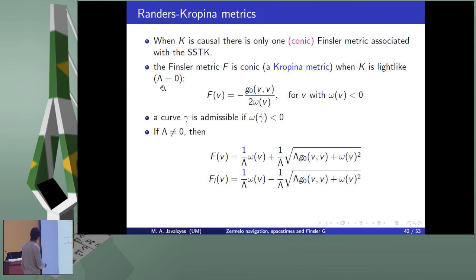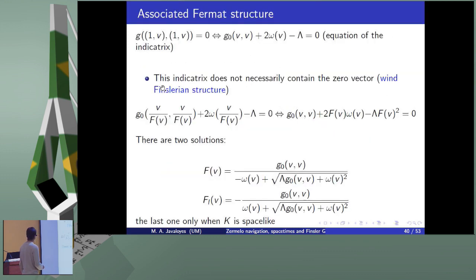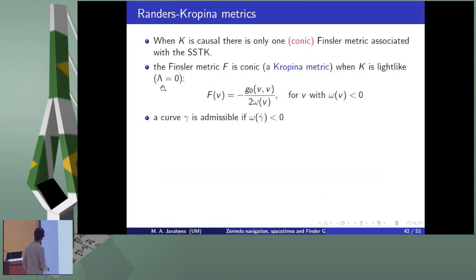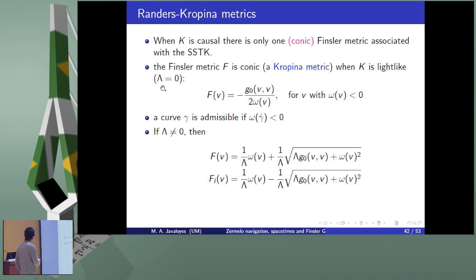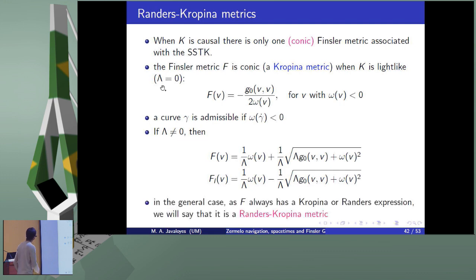This expression is very general, but in some particular cases, you can obtain better expressions. When lambda is equal to 0, the Finsler metric is a Kropina metric, which is basically the quotient of a Riemannian metric over a one-form. In the other cases, when lambda is different from 0, there are Randers metrics. So in general, we say that F is a Randers-Kropina metric.